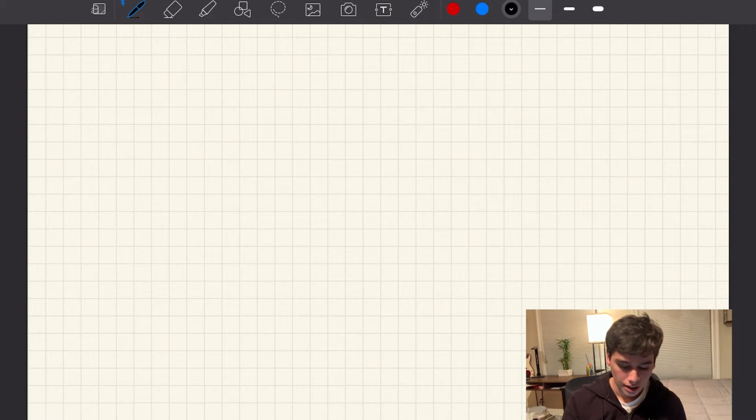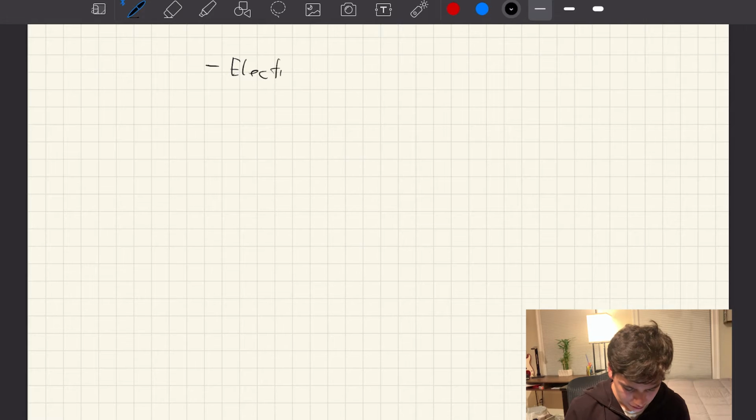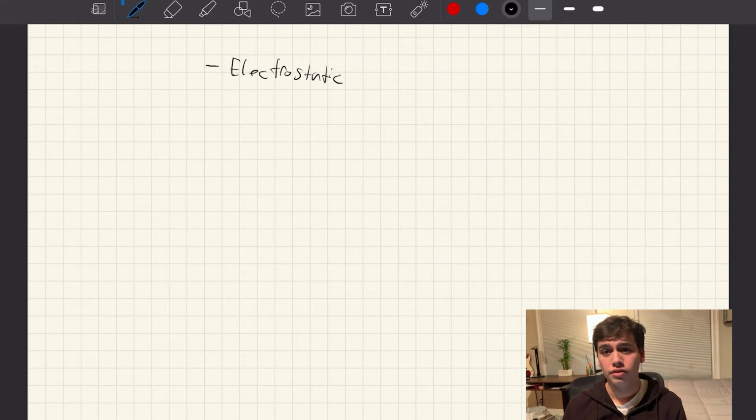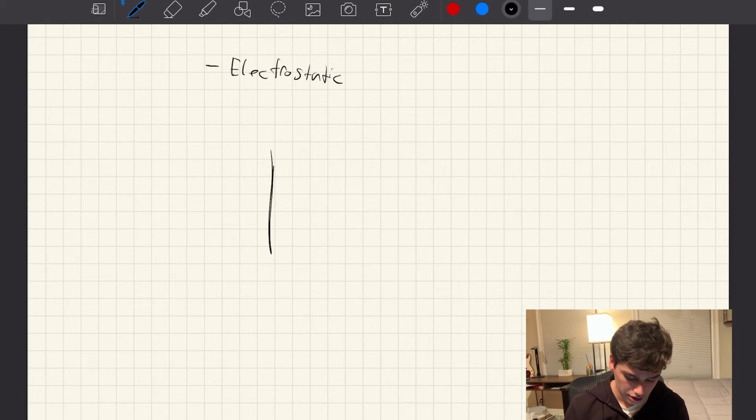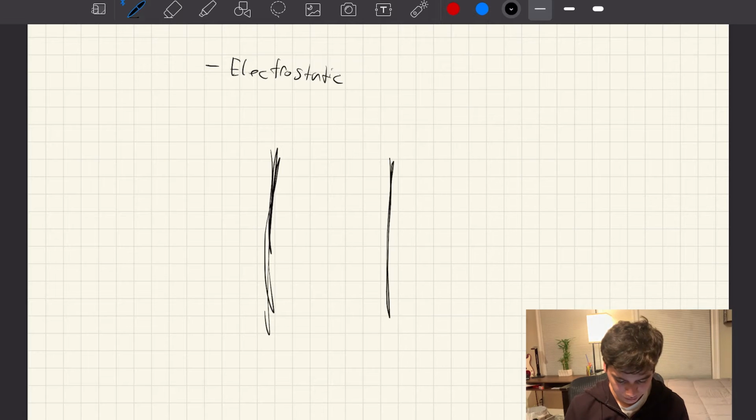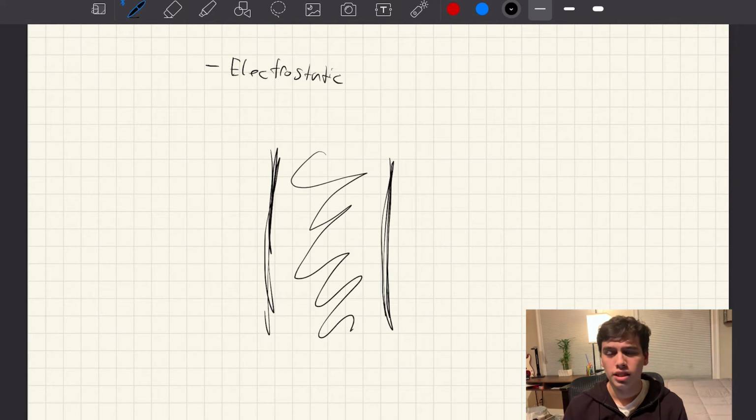Alright, so anyway, pseudocapacitors. If you watch the EDLC video, you'll know that the electrochemical double layer capacitor charges electrostatically, right? Sometimes this is also called non-Faradaic, but essentially what this means is that we have the two electrodes, and let's say in here is our electrolyte layer.